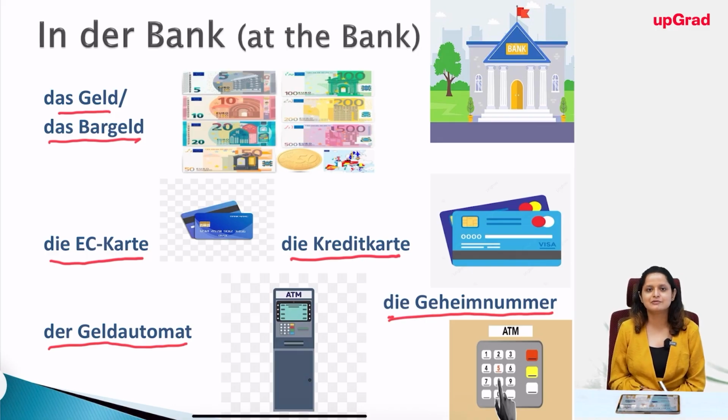So you can also use PIN, but a lot of times you have German employees in a bank, so they might use the word Geheimnummer if for any reason they ask you for your PIN. So remember the word Geheimnummer. We'll repeat these words once. Das Geld, das Bargeld, die EC-Karte, die Kreditkarte, der Geldautomat, die Geheimnummer.